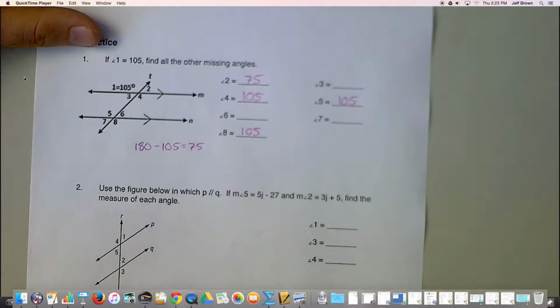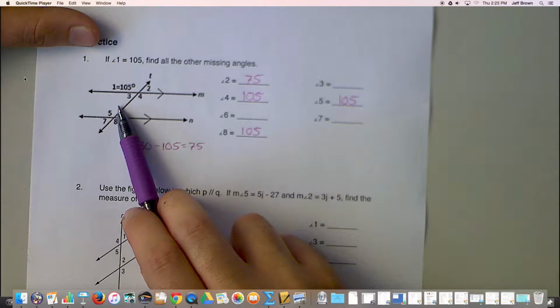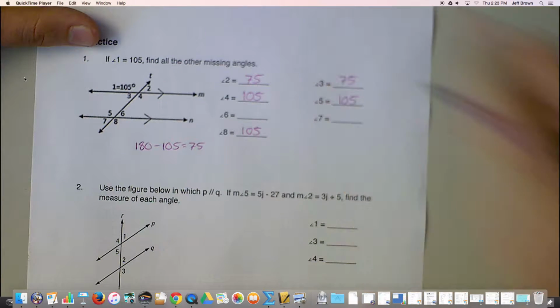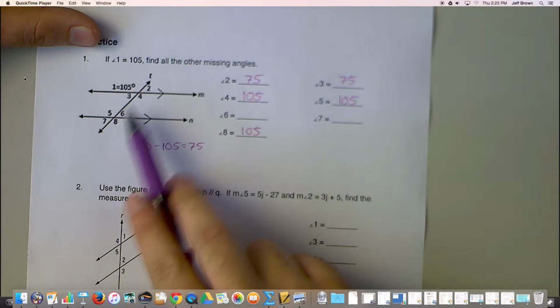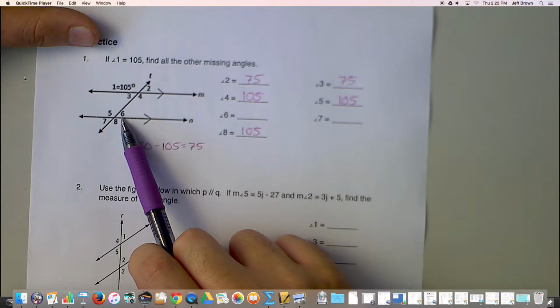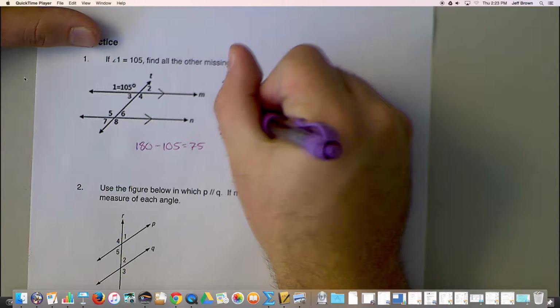Now that I have that angle 2 is 75, I can also find angle 3, which is a vertical angle again. So this angle 3 is also 75. Angle 2 here is a corresponding angle down with angle 6, because those two are in the same position again. So angle 6 is also 75.